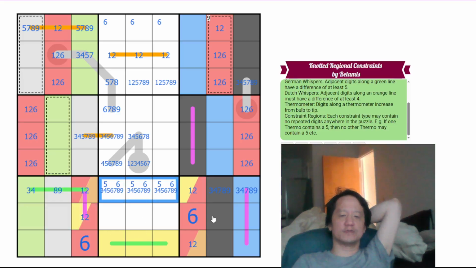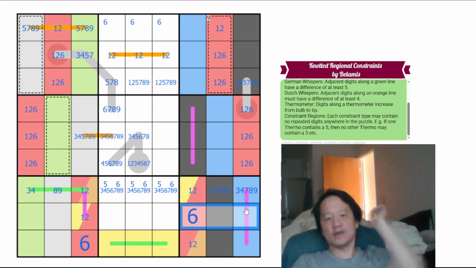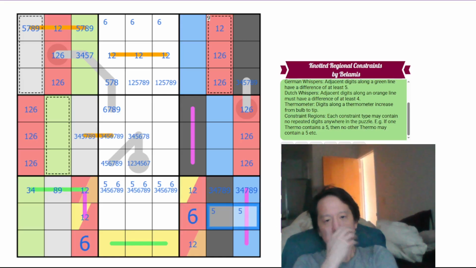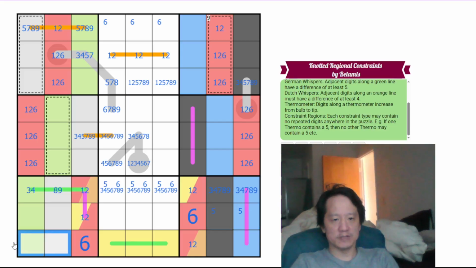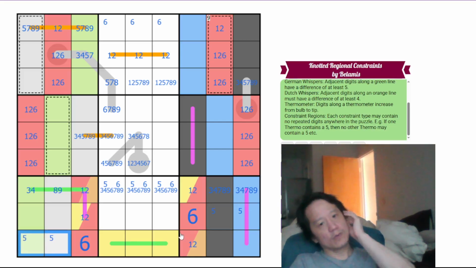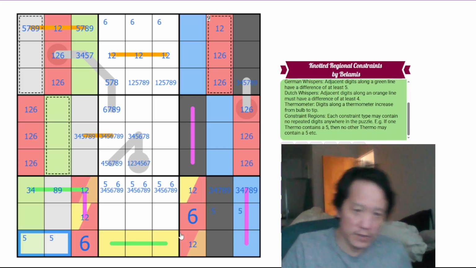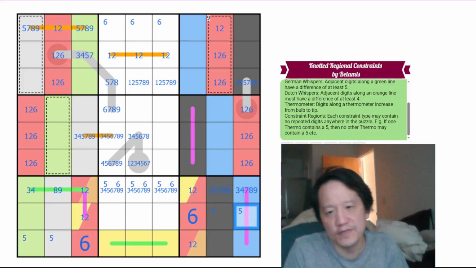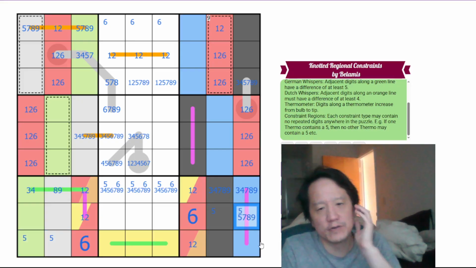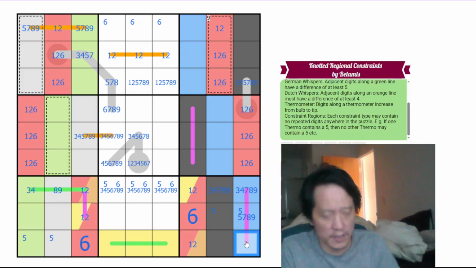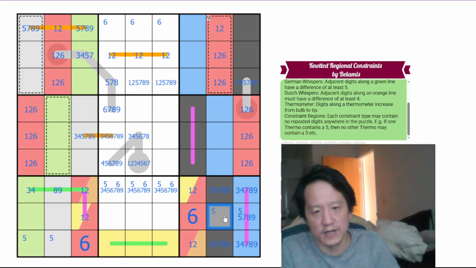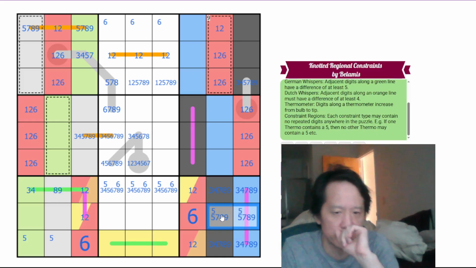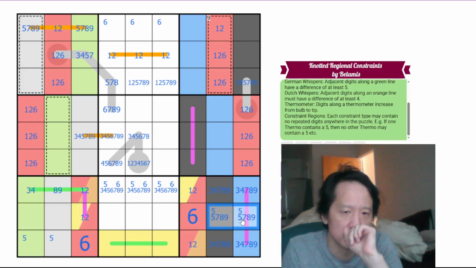Therefore, these 3 digits are the same as these. So 5 has to be one of these 2. We're not sure which. 5 also has to be one of those two. So this is specifically 5, 7, 8, or 9. Again, these are 3, 4, 7, 8, 9, and this is 5, 7, 8, 9, right? Because 5 has to be one of these two.